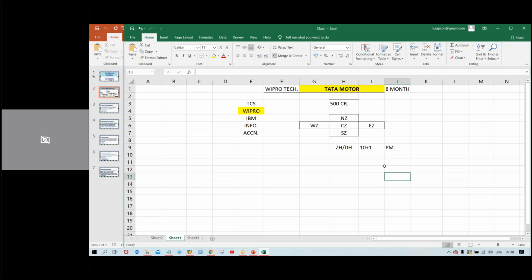Phase number 1 must be completed in 1 month. Let's suppose phase number 2 must be completed in 2 months. Phase number 3 must be completed in 3 months, like that. So the project manager is going to segregate this entire project in 5 phases, and a certain deadline is also going to be given for every phase.